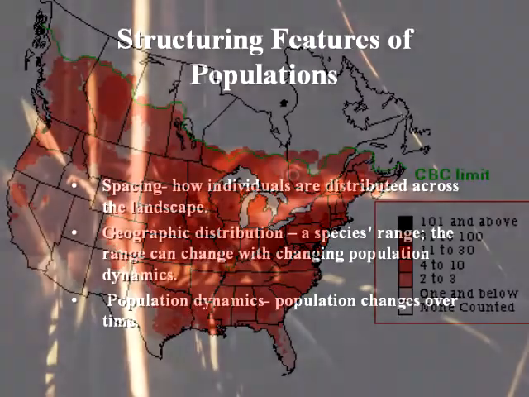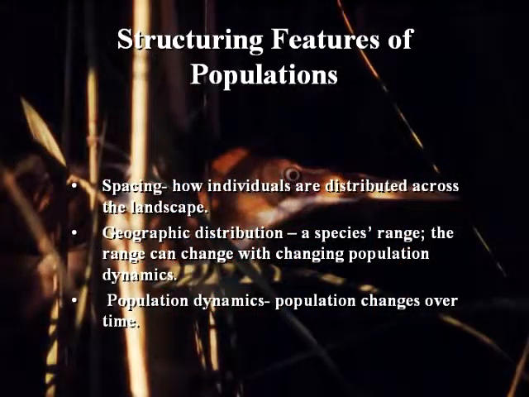So again, here's what I'm getting at. There's a couple phenomena we have been looking at here. One is spacing, how it is that individuals are distributed across a landscape. And we could talk about local spacing, like with our red maples in that photograph before. Or we could also talk about spacing at a larger scale.